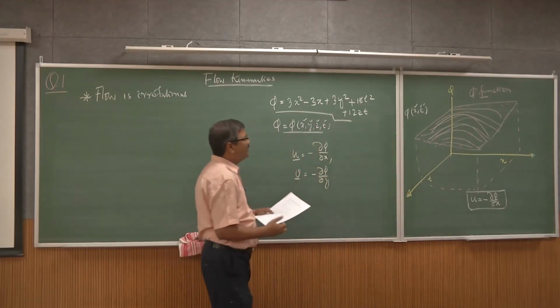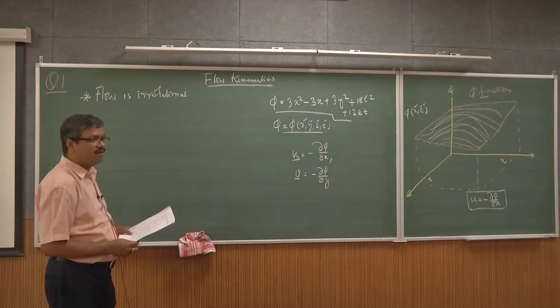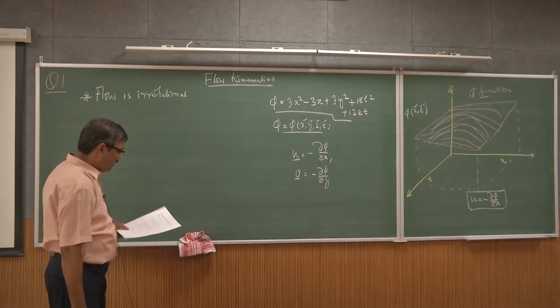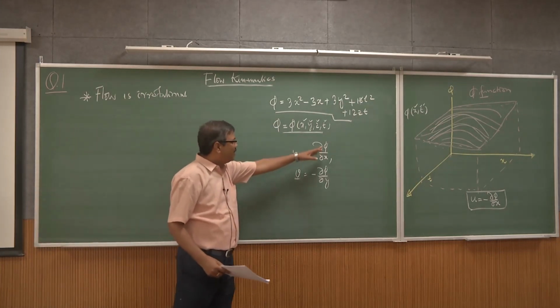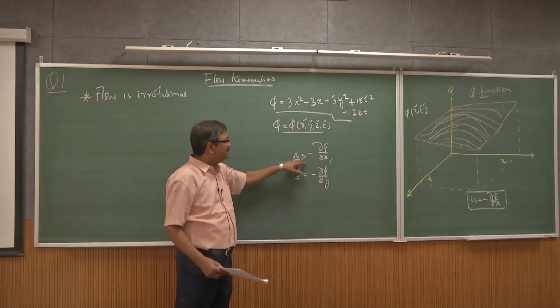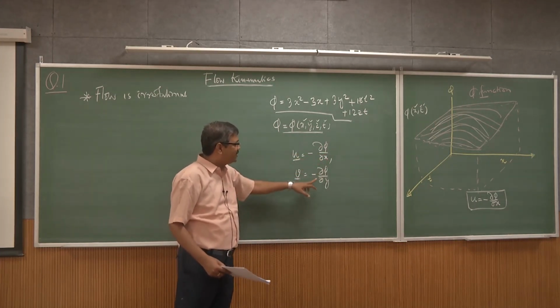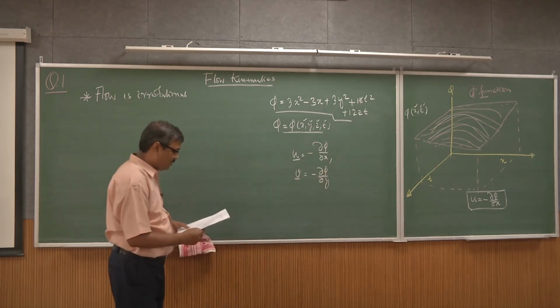Looking at those definitions, let's come back to the problem, which is quite easy to solve here. As we know, u is the negative partial derivative of phi with respect to x, because it is in the opposite direction. In a similar way, v has the negative sign of the partial derivative with respect to y.